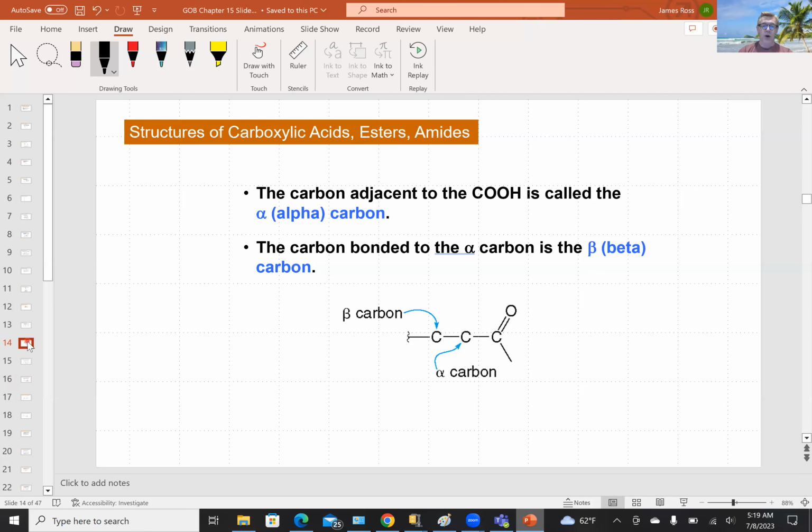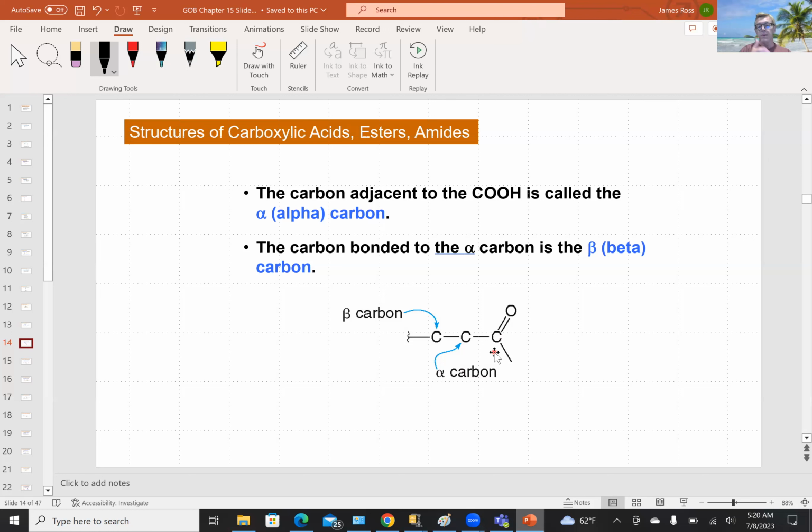There is definitely an older naming convention that's going to be useful to us, especially when we look at fatty acids later in our course, and specifically when we look at beta oxidation of fatty acids, which is going to come up for my students next week. It's also going to come up in protein chemistry when we look at alpha amino acids. So the alpha and beta carbon: we look at the carbonyl on the right, which is by definition carbon 1.